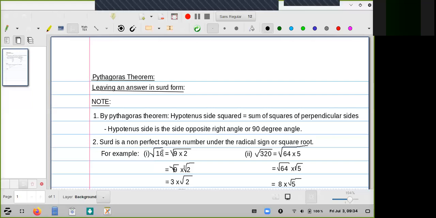Expressing 18 as a product of a perfect square and a non-perfect square, it is 9 times what? 2. 9 is a perfect square. 2 is not a perfect square. When you multiply 9 times 2, you come up with 18. So the square root of 18 is equal to the square root of 9 times 2. Everything is under the same radical sign. Our radical sign in this case is the square root sign.